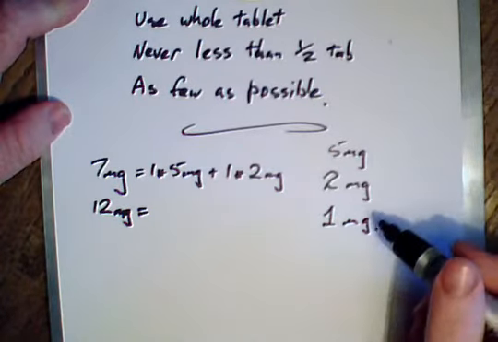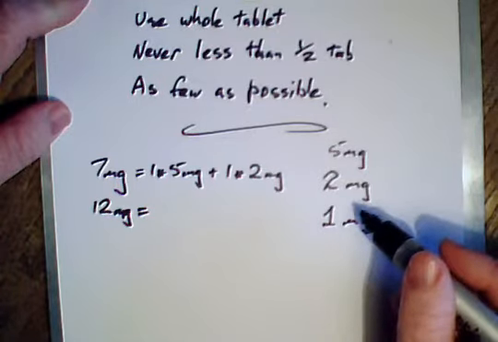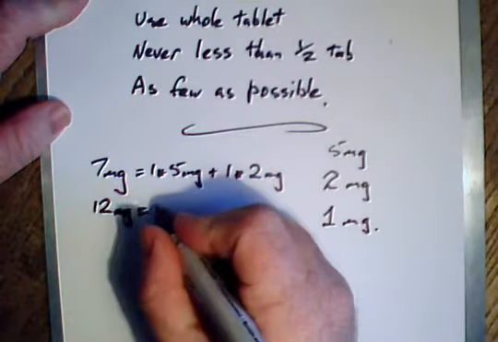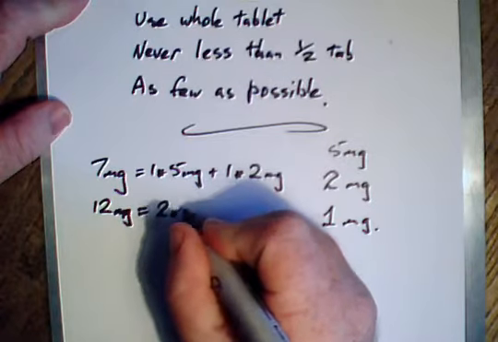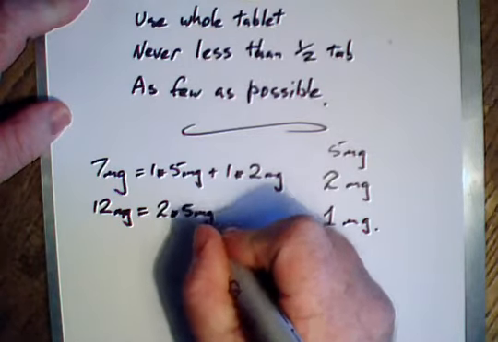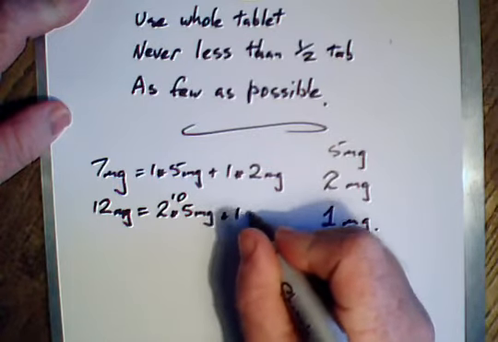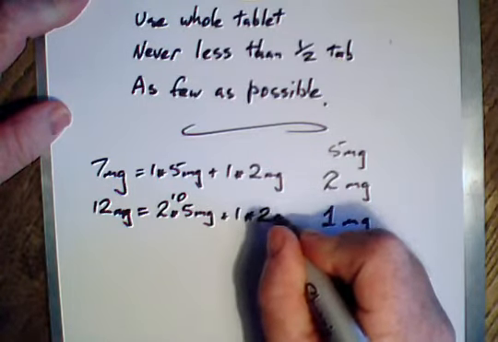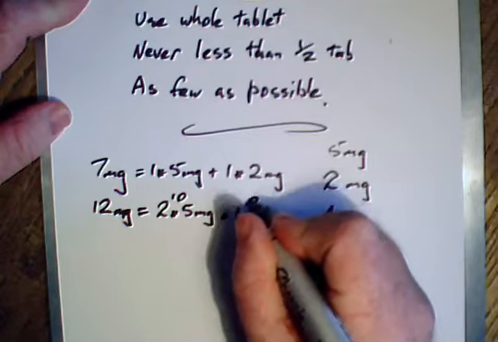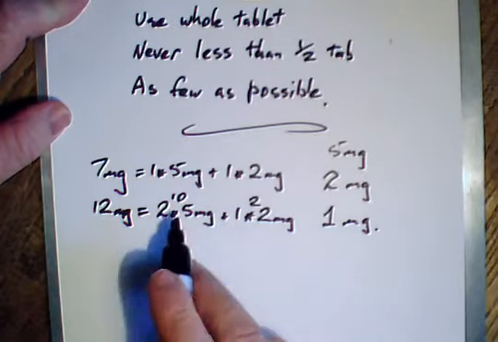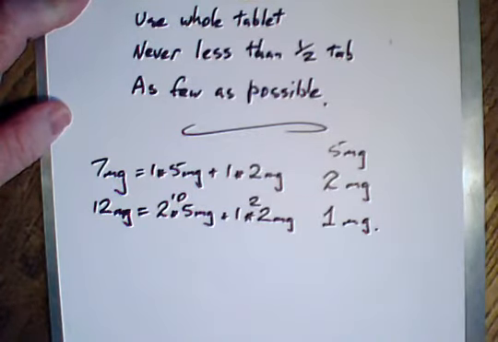So here, the minimal amount we can give really is 3 tablets, being 2 times the 5 milligrams, because that gives us 10, plus 1 times the 2 milligram, which gives us 2, and that's going to give us the 12 milligrams.